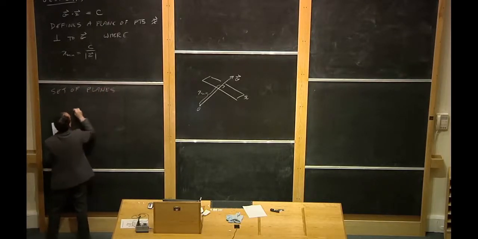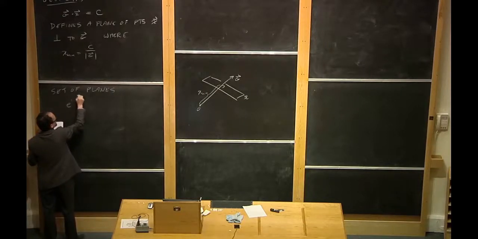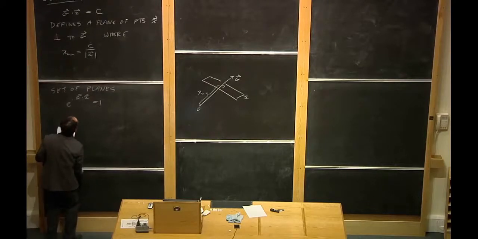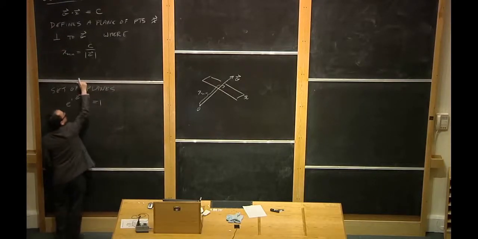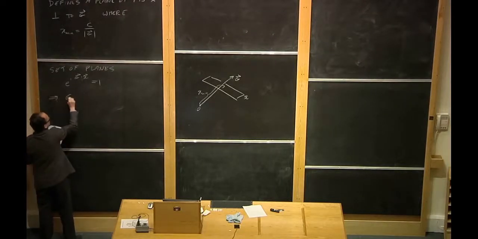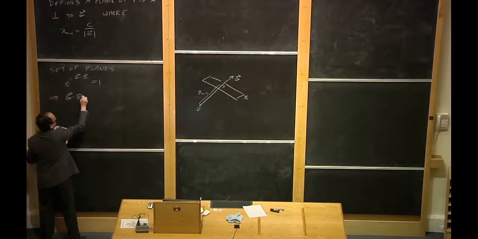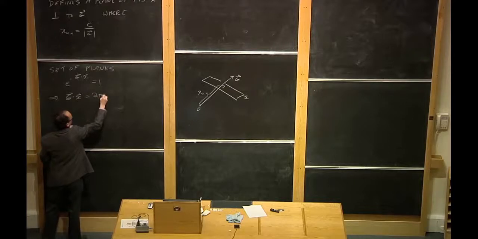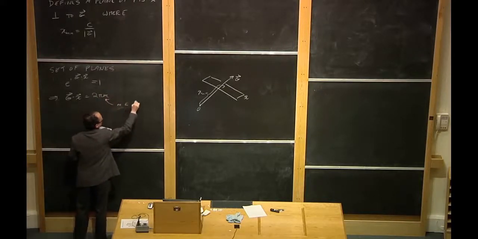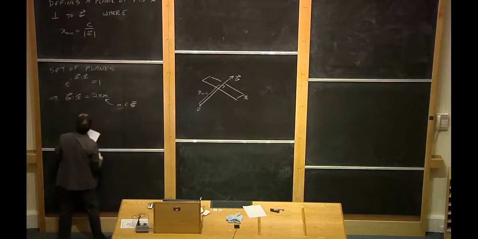We define by e^(i g·x) = 1. So why does that define a set of planes? Well, e^(i g·x) = 1 is the same thing as saying g·x = 2πm, where m is an element of the integers.